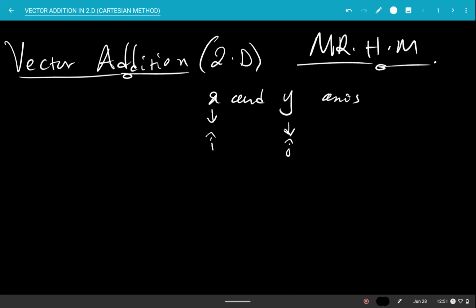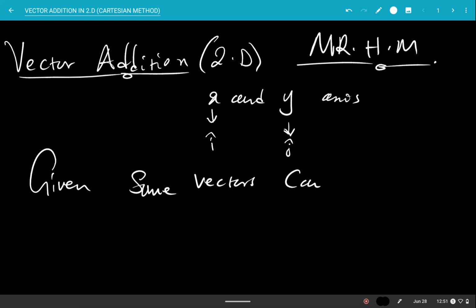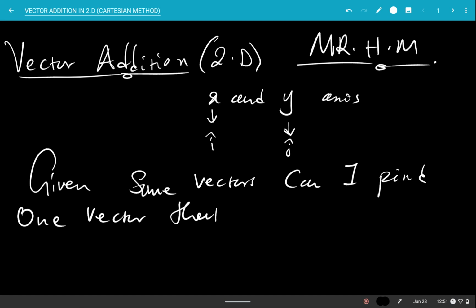All right, let's get to it. Whenever we're talking about vector addition, what we're trying to ask ourselves is: if I was given some vectors, can I find one vector that represents them all?